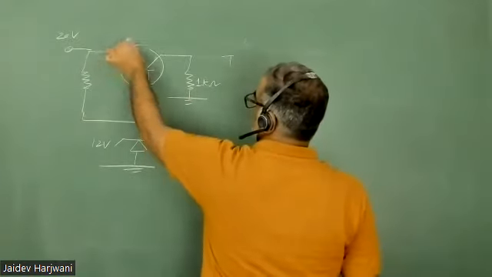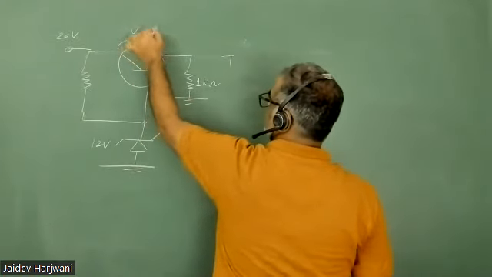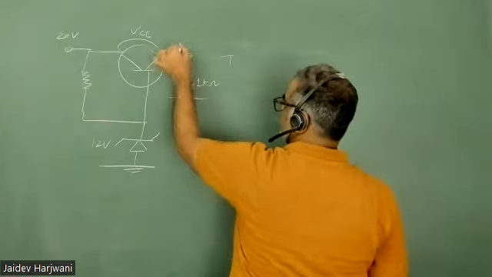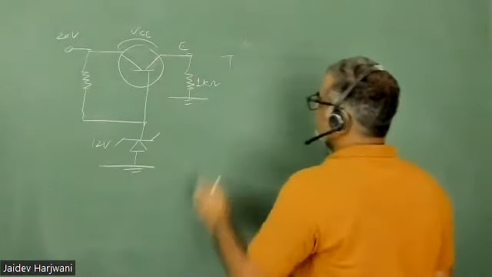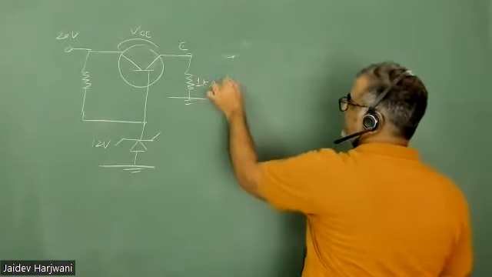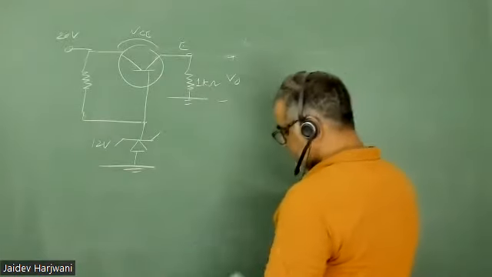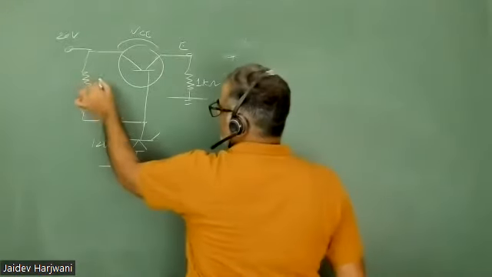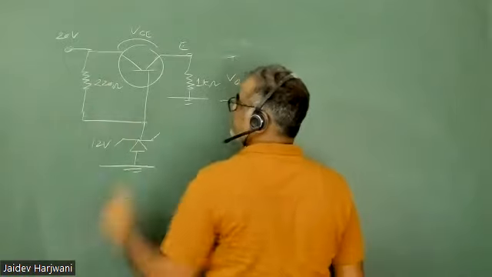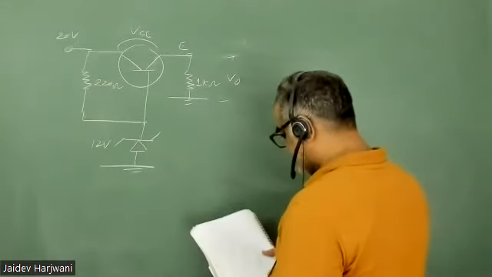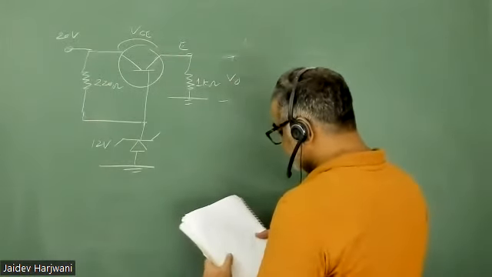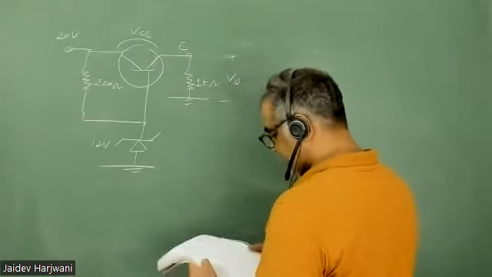VCE. This is your VCE. This point is E. Or here you are measuring V0. This is 220 ohm. Beta is given 500 this time. Okay.